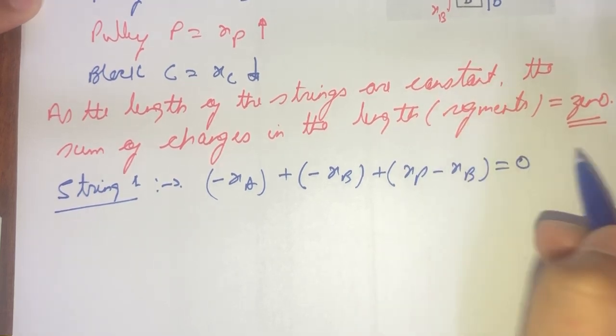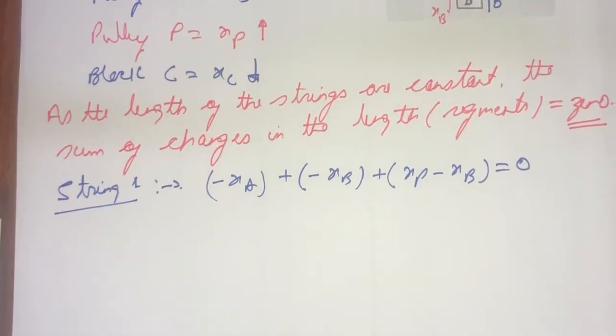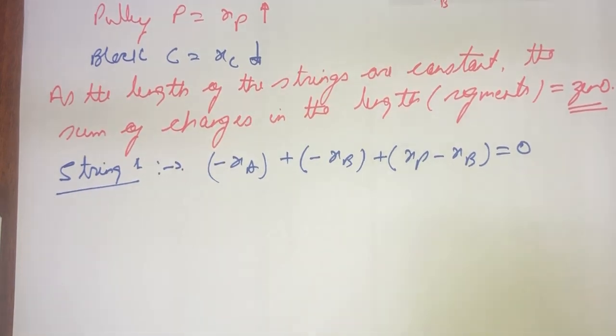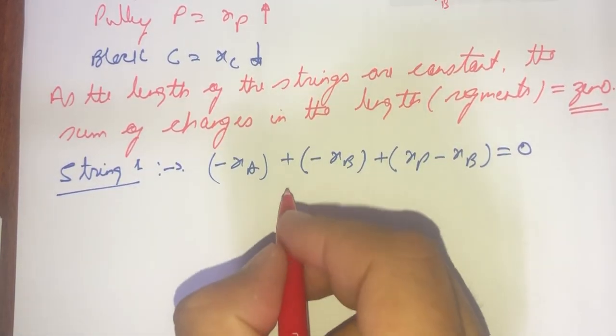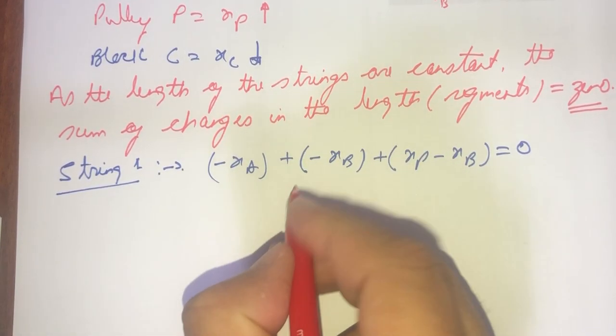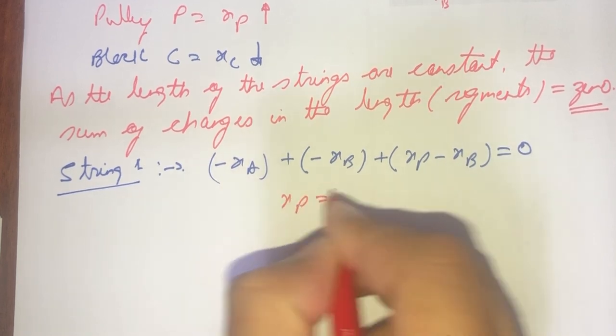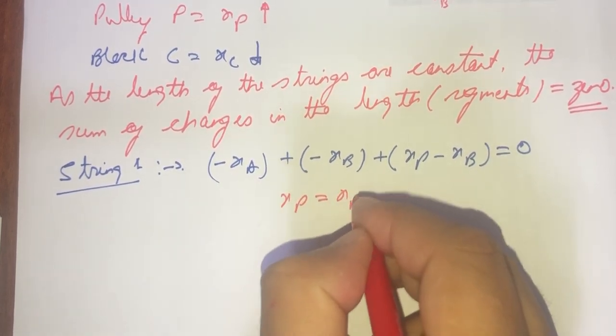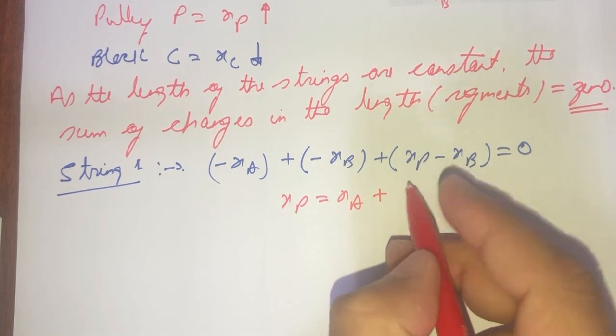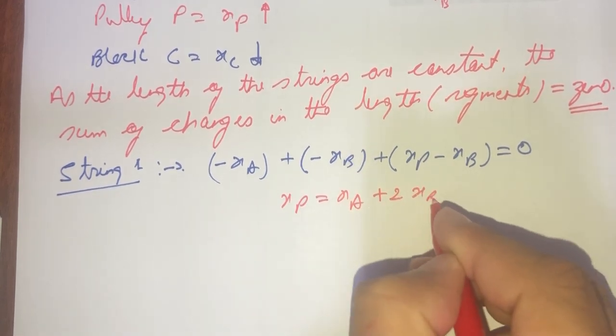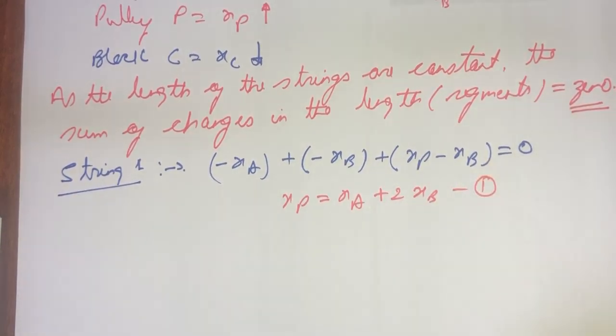This will be equal to 0. So from this equation we can clearly see that XP is equal to XA plus twice of XB. Let this be equation number 1.